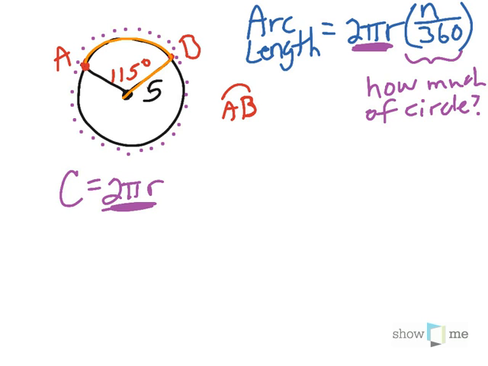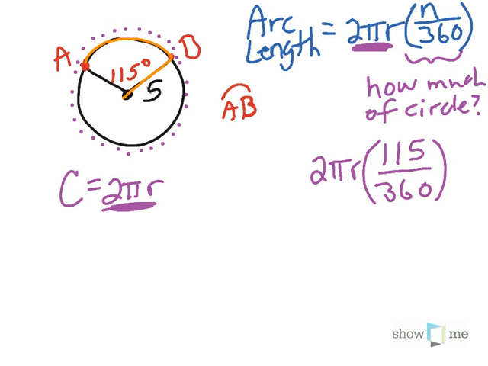So if I look at what I have now, I know this says n over 360. What you really need to know is it's asking you what that central angle is. Like, what's the piece of the pie, basically. So what I have is 115 degrees out of 360 in the whole circle, and that little ratio, that fraction or that decimal, that percentage, however you want to look at it, that little chunk, that piece of it, which is less than 1, less than a full circle, I'm going to multiply it by 2 times pi times the radius, and that's it.